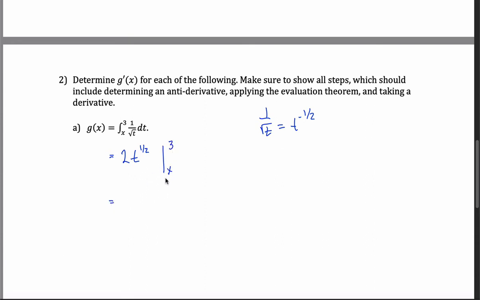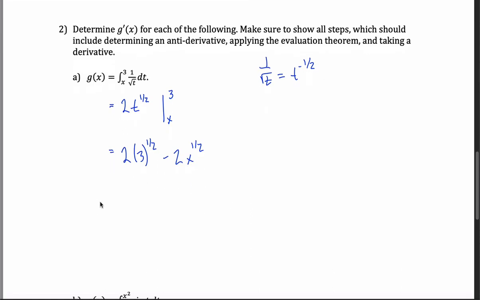And the way I determine this is I change all the t's into 3's first and then change all the t's into x's. So I get 2 times the square root of 3, or 3 to the 1/2 power if you prefer, minus 2 times x to the 1/2 power. So here's my function g of x. G prime of x is just the derivative of this guy. So the derivative of this is a constant, so it's 0.